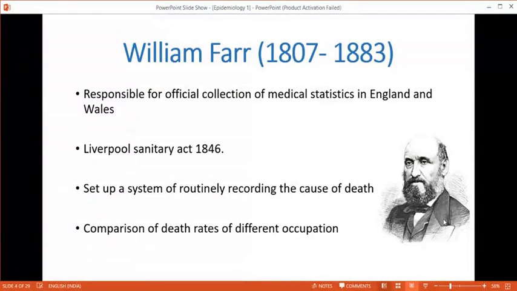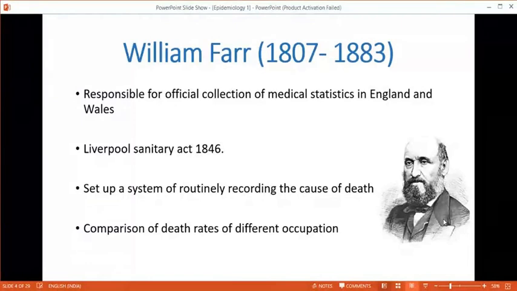And because he was able to convince the government at that time, they formulated the Liverpool Sanitary Act, as a prevention method to help the community have a decreased incidence of cholera cases.